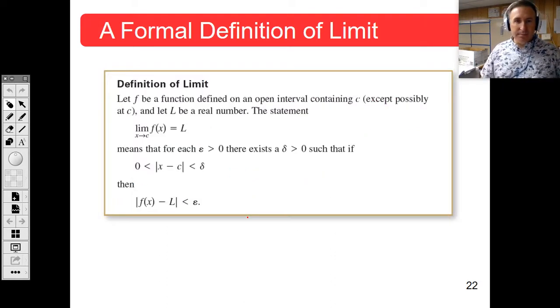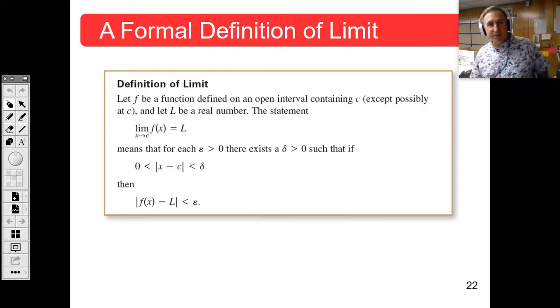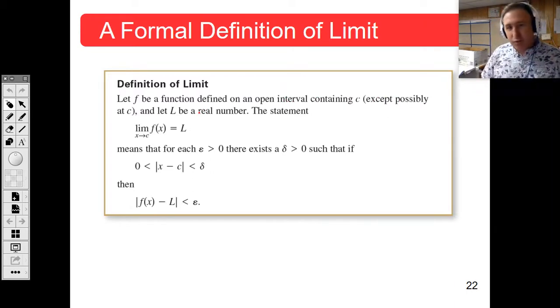Okay. So here's our definition of the limit, a formal definition. You probably want to write this down if you're taking notes. Let f be a function defined on the open interval containing c, except possibly at c, and let L be a real number.